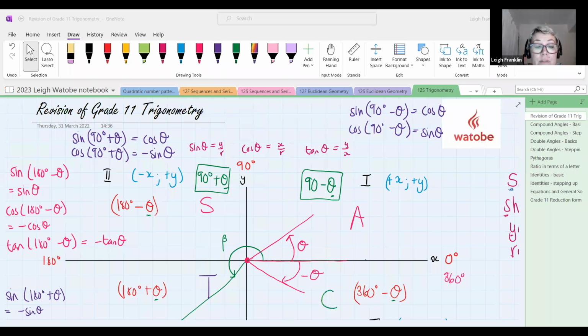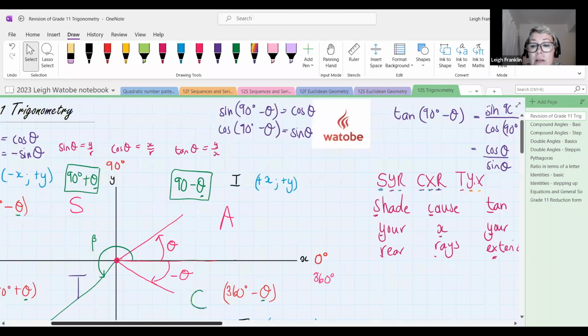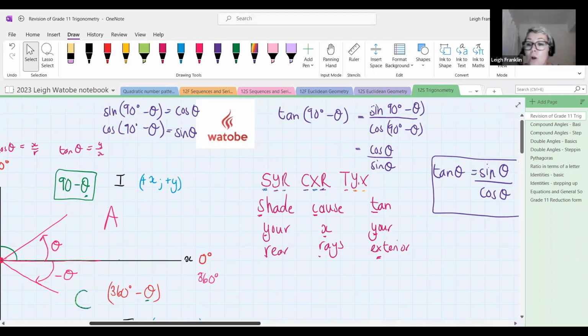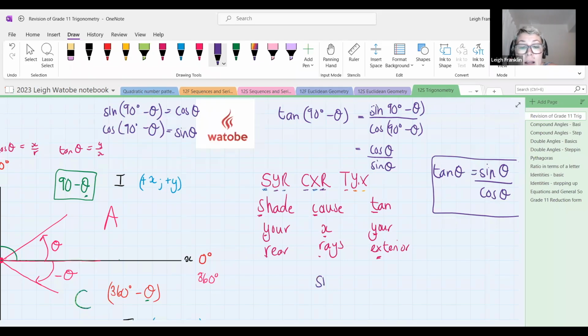Did you know this? Let's just clear some more space over here. The word sine: this SIN is actually an abbreviation for the word sine. And cos theta is an abbreviation for cosine.